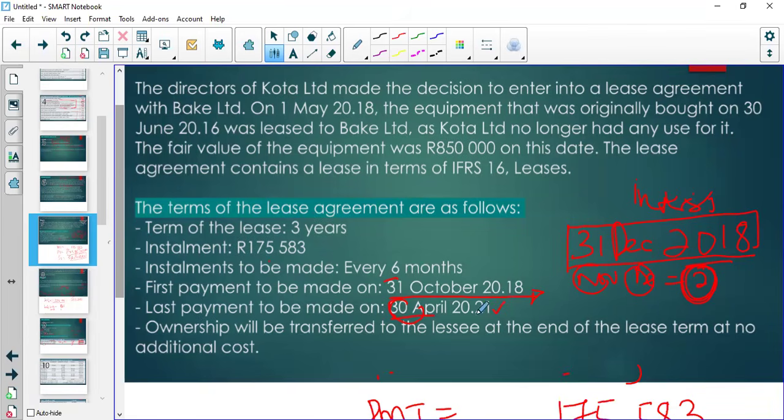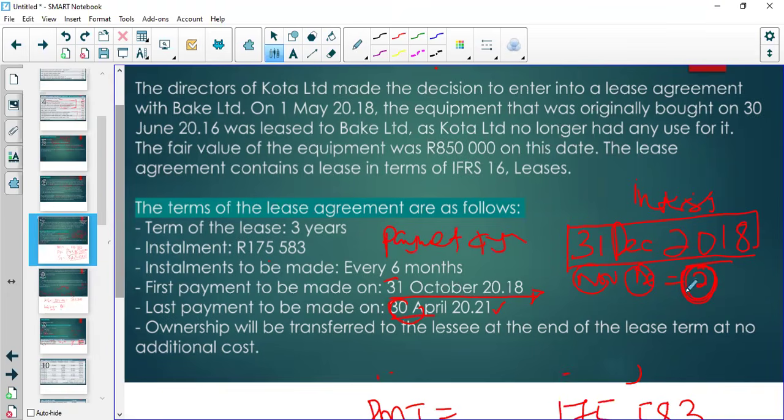Right? So I want you to understand that this is a case when payments and year-end dates do not coincide. So there's a date the payment is made, there's a year-end, and these do not coincide. So there's an extra 2 months which we have to pay attention to.